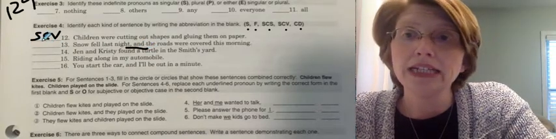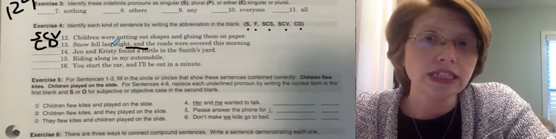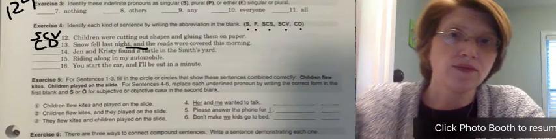Okay. Snow fell last night, comma, and the roads were covered this morning. Comma and means that that's going to be a compound sentence. Jen and Christy, two people, found a turtle in the Smith's yard. Two people, one verb, means that this is a simple compound subject.